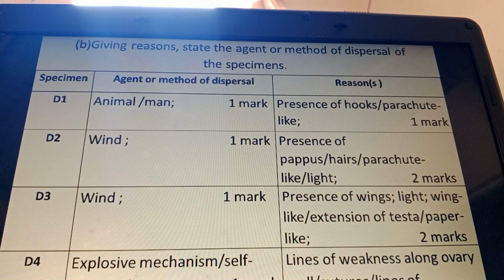Presence of wings, light, wing-like extensions of testa, paper-like, all right? And for D4, the agent or method of dispersal is explosive mechanism or self-dispersal. And the reason is that it has lines of weakness along the ovary wall, or it has sutures, they are called sutures, these lines of weakness, or you call them lines of dehiscence.